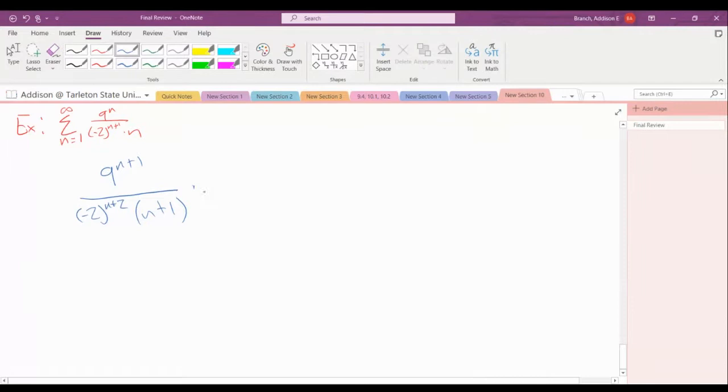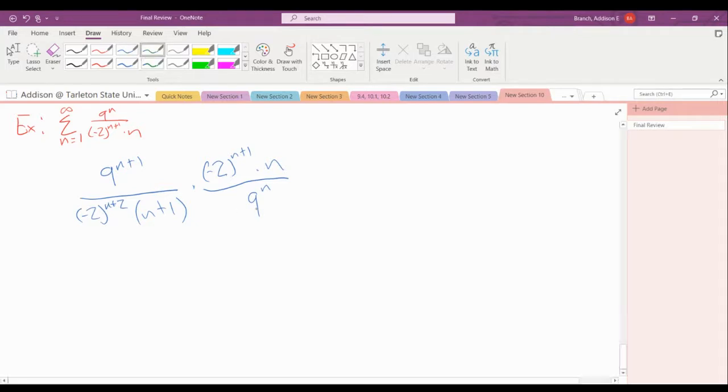And you're going to either divide or just multiply with the reciprocal of our initial sequence. So 2 to the n plus 1 times n over 9 to the n. All right, so we can go ahead from here and start canceling things out.